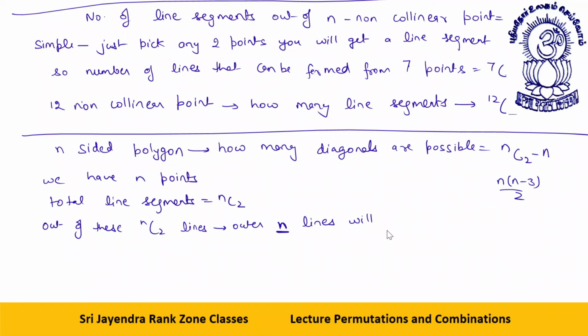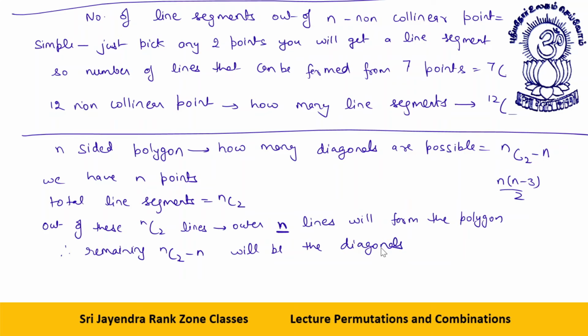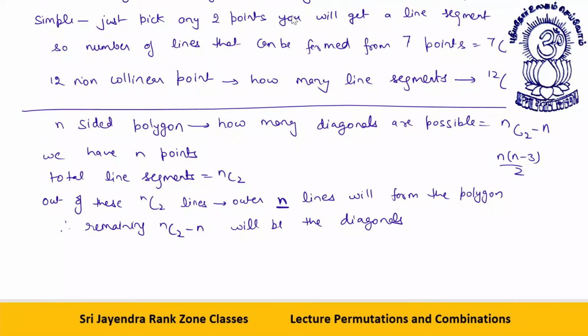Therefore, the remaining nC2 minus n will be the diagonals.